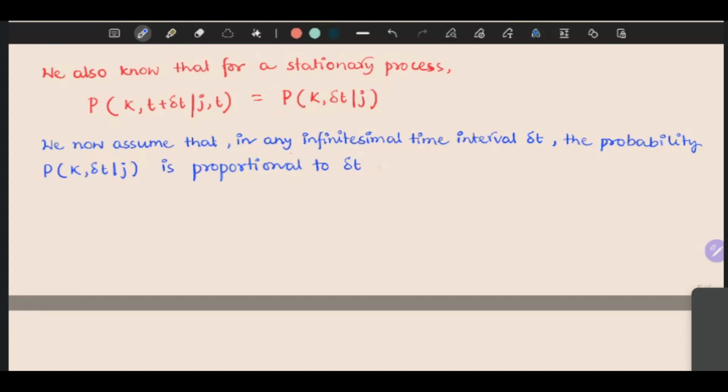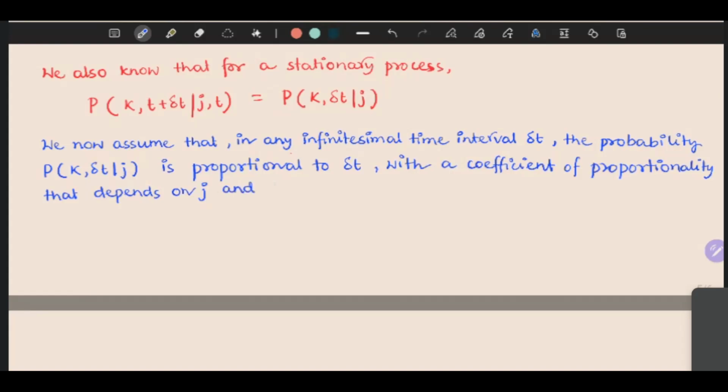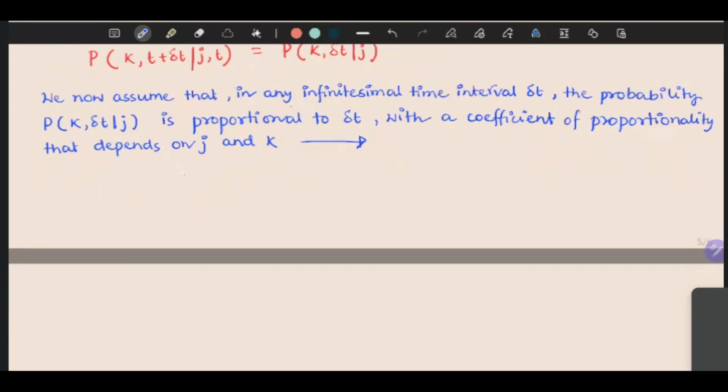Now you can choose a proportionality constant, that would be the transition rate, with a coefficient of proportionality that depends on J and K, which makes P of K at delta T given J equal to W of K J, the transition rate, times delta T. So as this interval increases, the probability also increases.